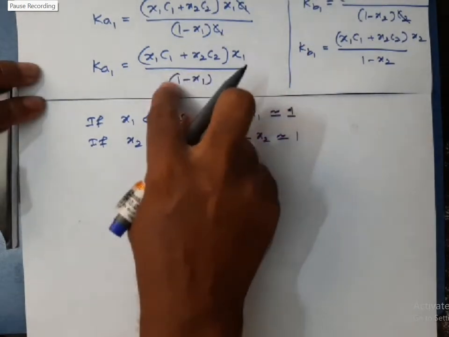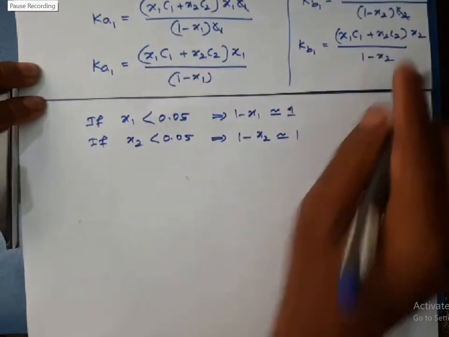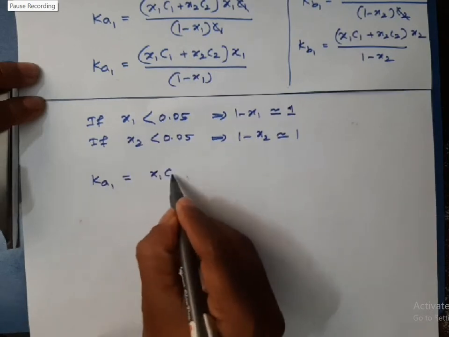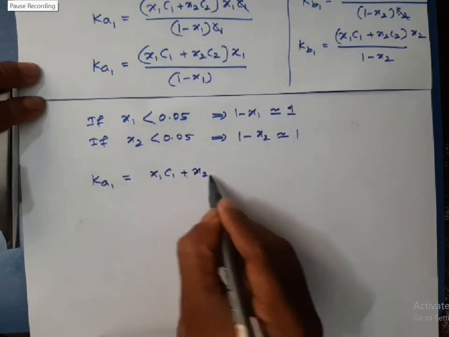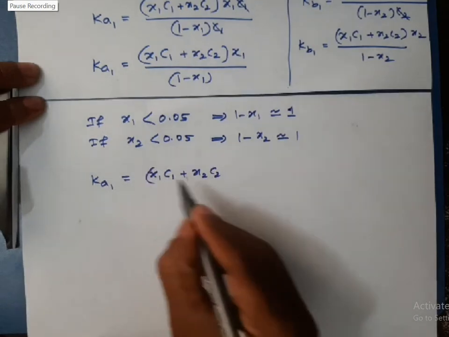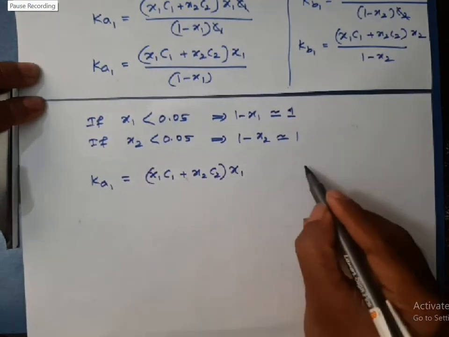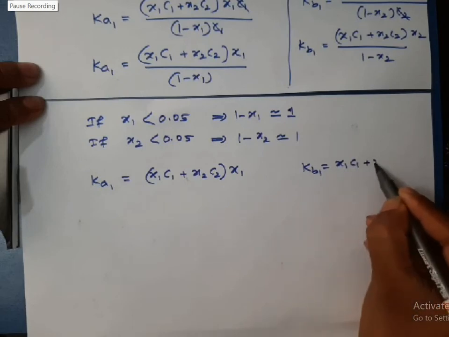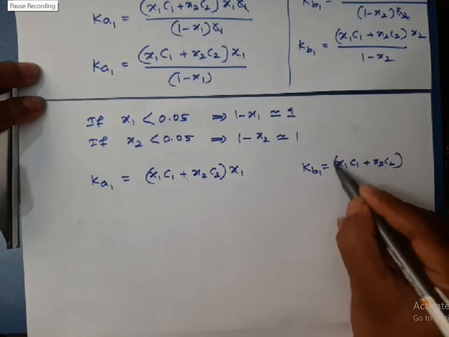So I am going to make this as 1 and this as 1. Therefore, I'll get Ka1 equals (x1 C1 plus x2 C2) into x1. Similarly, Kb1 equals (x1 C1 plus x2 C2) into x2.